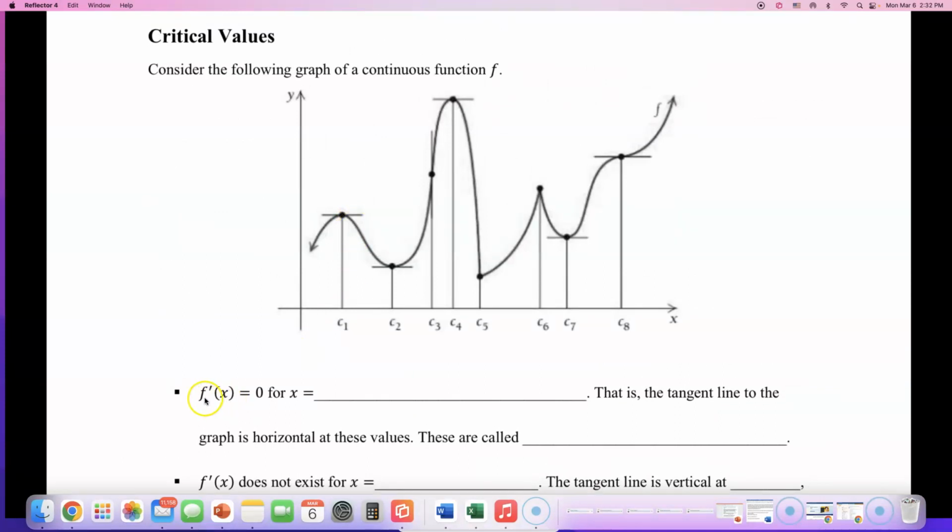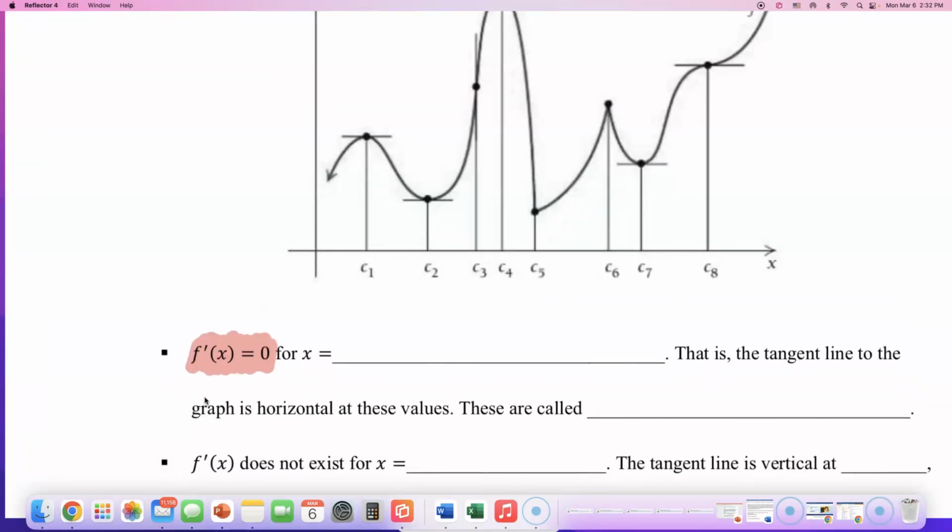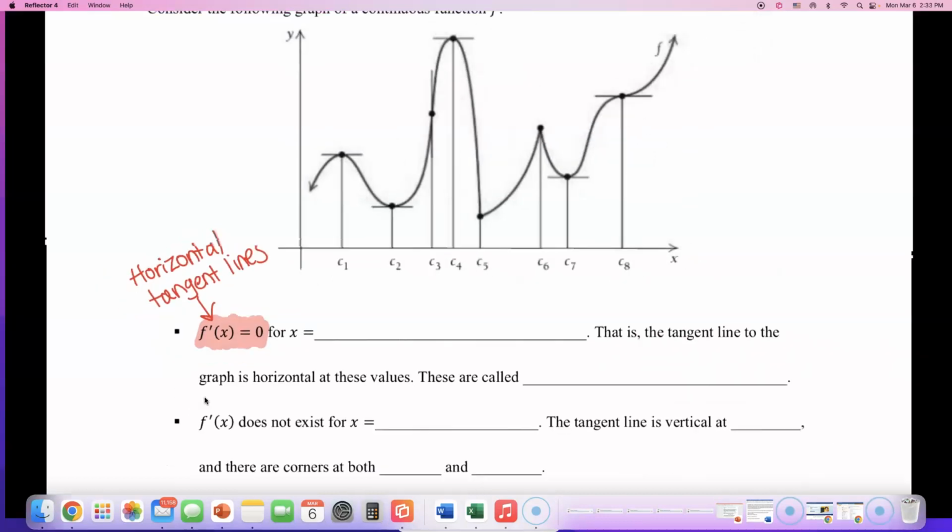When is f prime of x equal to 0? When is the slope of a tangent line equal to 0? So you're looking for horizontal tangents, okay? So they're asking you to find horizontal tangent lines, and I see a couple of them here.